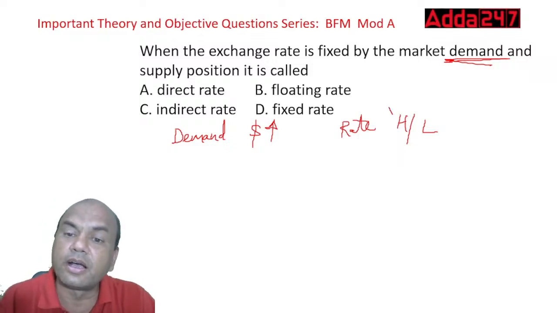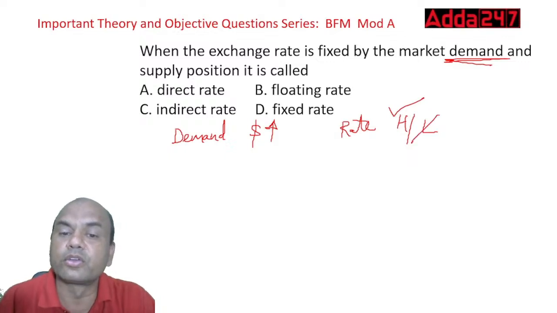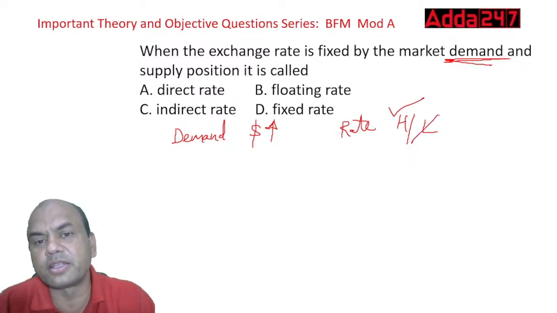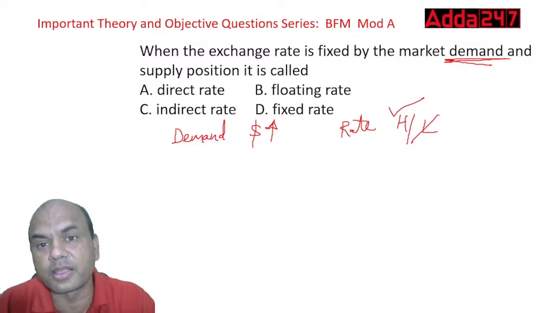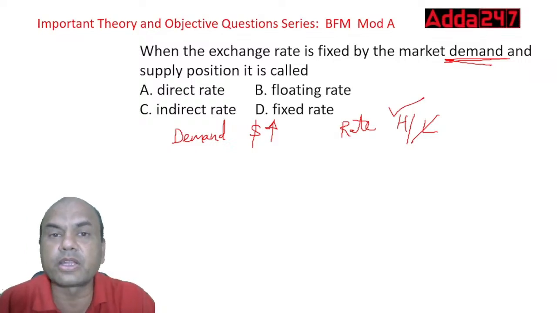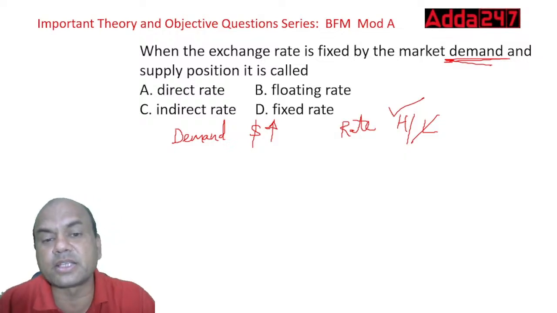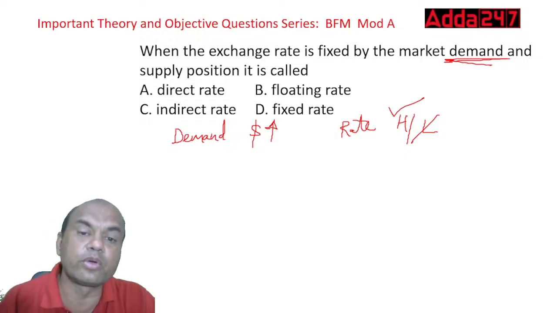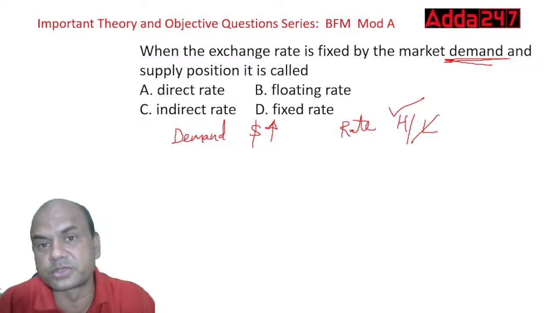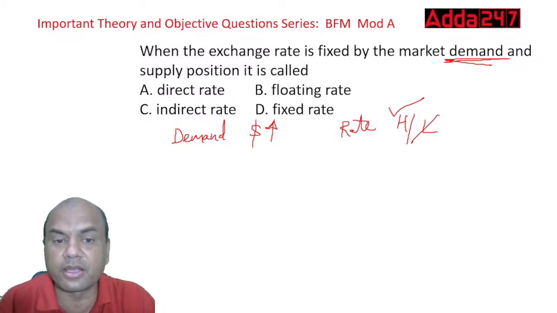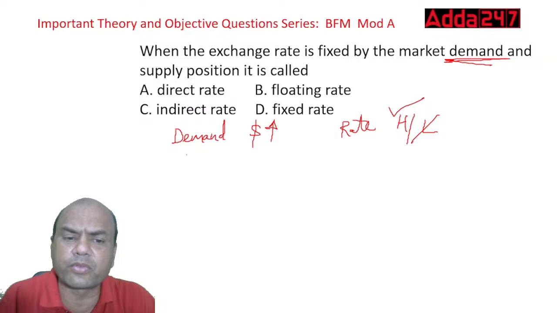It is high, correct? See, your logic is very simple. If the demand for any commodity is high, the rate for that commodity will go up, right? When does this happen? This happens when you have huge fund flows coming in. Suppose in India a large amount of dollars is coming in.